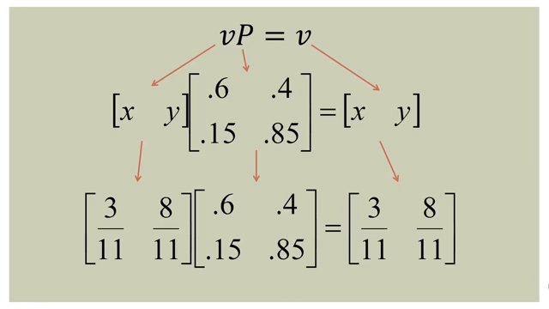Those are the exact numbers we found when we took our matrix and multiplied it many times in the future just using our graphing calculator. We changed the exponent to 10, 20, and 25. We got these decimal numbers that were 0.27272 and 0.72727. Well, guess what? Those two decimals are approximations of 3/11 and 8/11. So you can see those are the same answers, but this is the exact way of doing it.